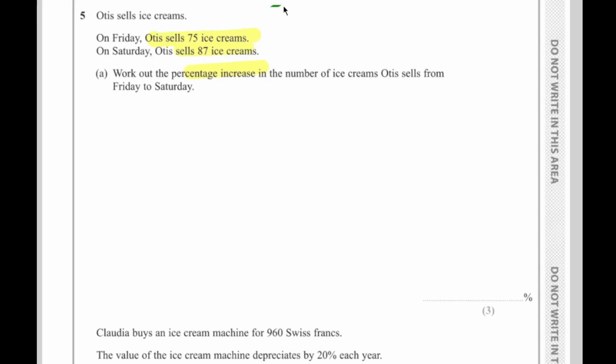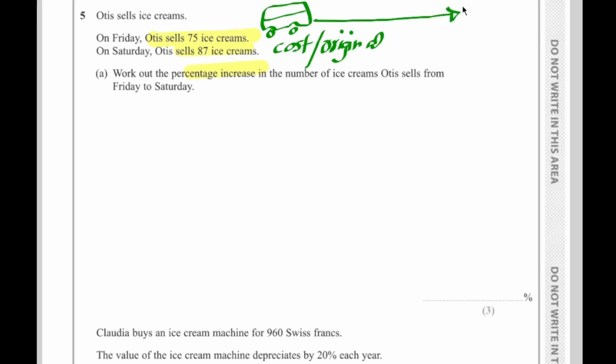Let's say there is a moment that you are buying something. Let's say there is a car or van, something. This is the moment that you're going to buy it. So the moment that you are buying it, we call it cost or original. That's the moment that you're going to buy it. After you bought this, it becomes a bit different, old or something.